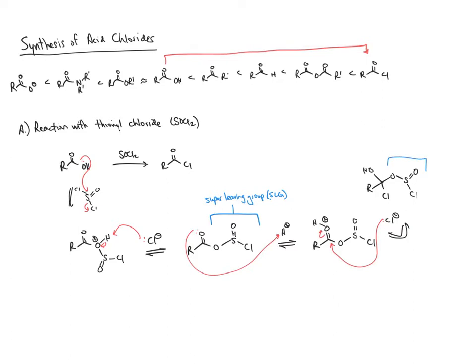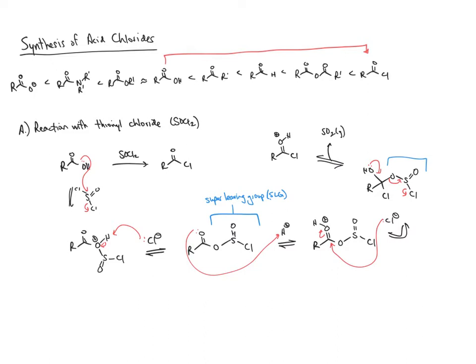And so what happens at this point is that the lone pairs will come down to reform a pi bond, but because you have the superleaving group, you have an entropy gain, because you have a small molecule embedded inside, and so you're going to generate a small molecule as one of your byproducts, and that small molecule happens to be SO2 gas.